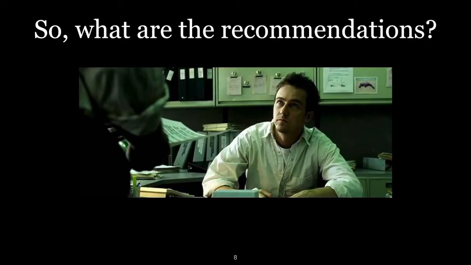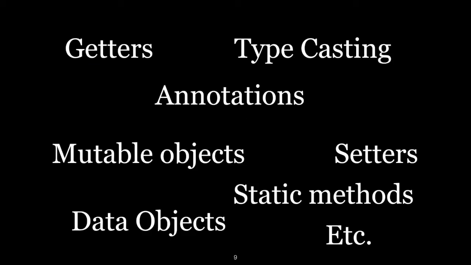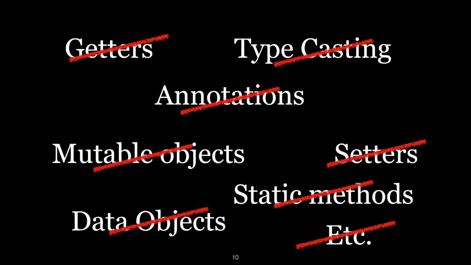So what are basically the recommendations of Elegant Objects? It's basically grabbing everything that we learn at school and we're used to practicing when we're programming on object-oriented languages, like getters, setters, annotations, mutable objects, data objects. It's grabbing all of this and basically not using it or avoiding using it.